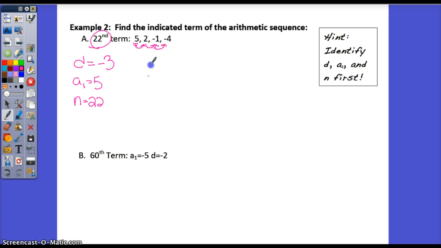So when you fill it in your formula, a sub n equals a sub 1 plus, in parentheses, n minus 1 times d, and this is something that you need to memorize.